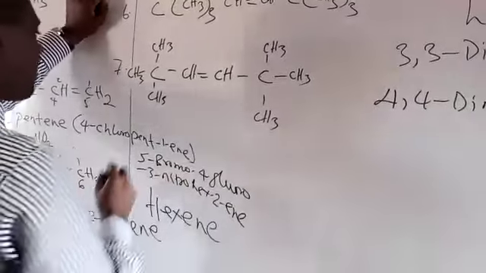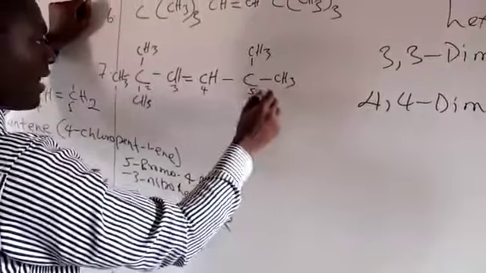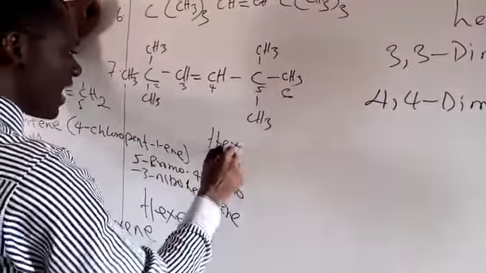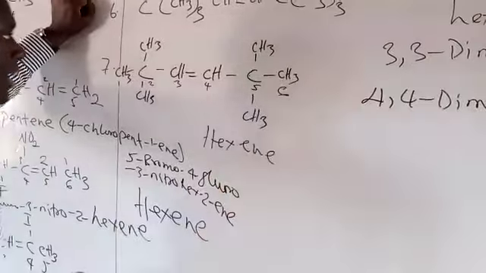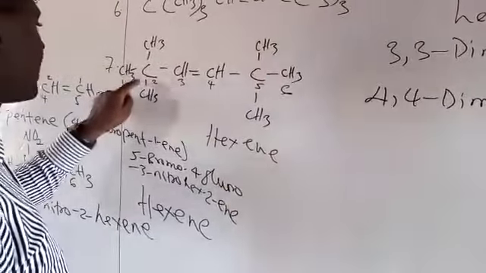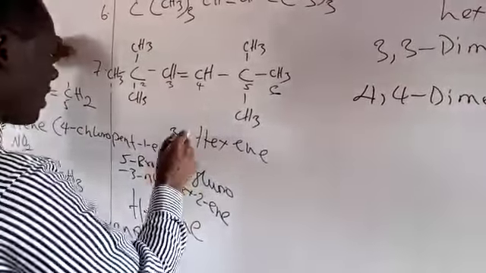Now let's count the carbon atoms. 1, 2, 3, 4, 5, and 6. 6 is hex, and the double bond is in, so hexene. Now the double bond comes at position 3 whichever way you follow, so that is 3-hexene.